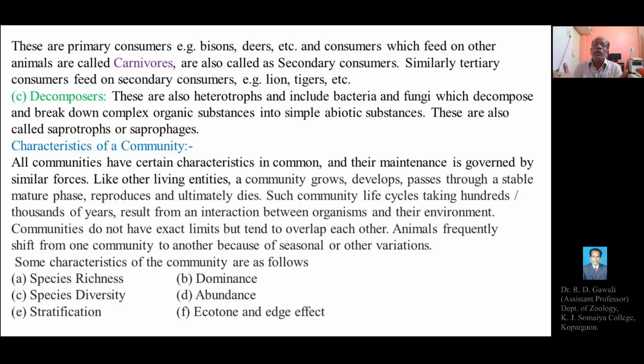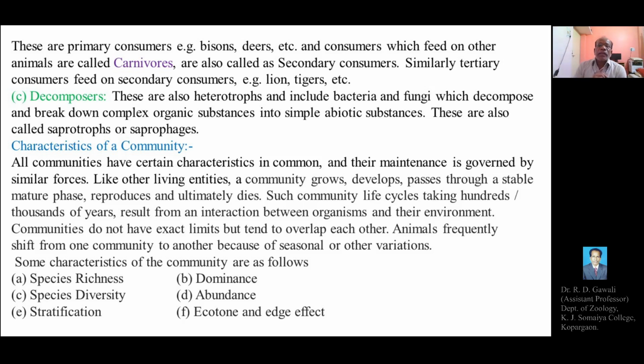And since different species of organisms form the community in a particular habitat, no doubt every community grows, develops, passes through a stable mature phase, undergoes reproduction, and ultimately dies.